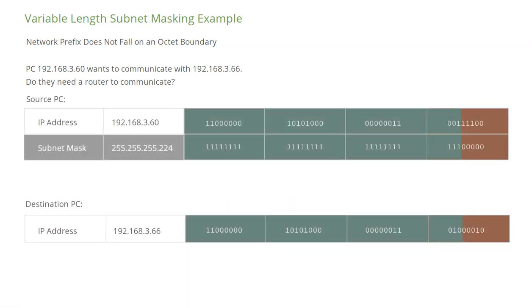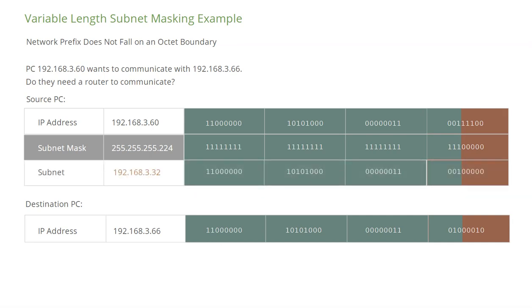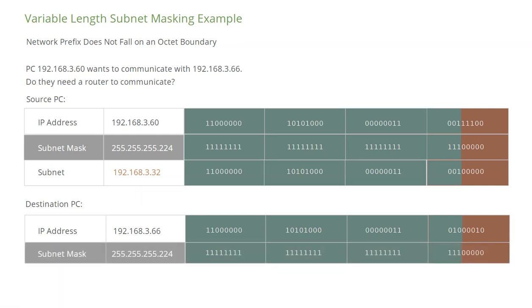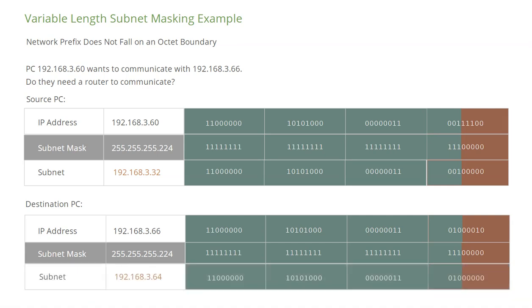We apply the subnet mask to the source IP address and determine that the subnet number is 192.168.3.32. Now, if we apply the same subnet mask to the destination IP address, we determine that the subnet number is 192.168.3.64. Because the two devices are not on the same network, they must use a router to communicate.